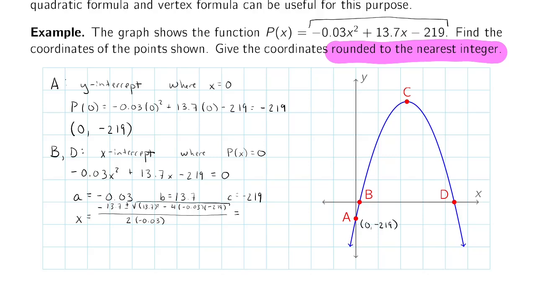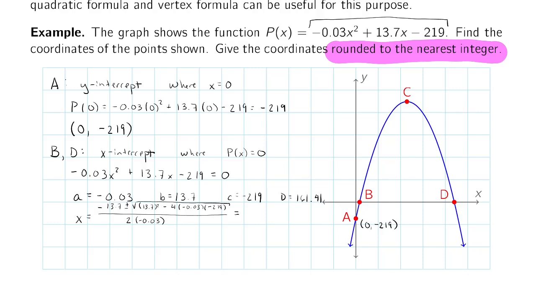And I'm actually going to just throw this into the calculator. I'm going to use the calculator's variable storage to actually calculate this. My discriminant is 161.41.